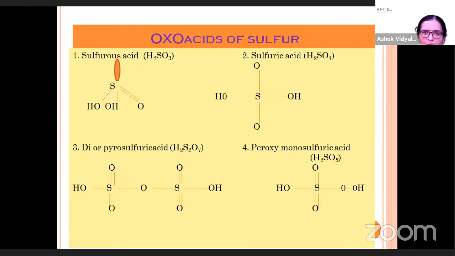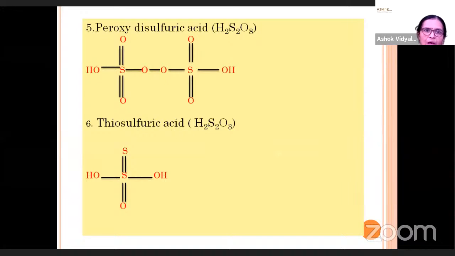Now we'll move to the next slide, that is peroxydisulfuric acid. We have just seen peroxymonosulfuric acid, and when the same structure is repeated again, it gives rise to peroxydisulfuric acid, having molecular formula H2S2O8.